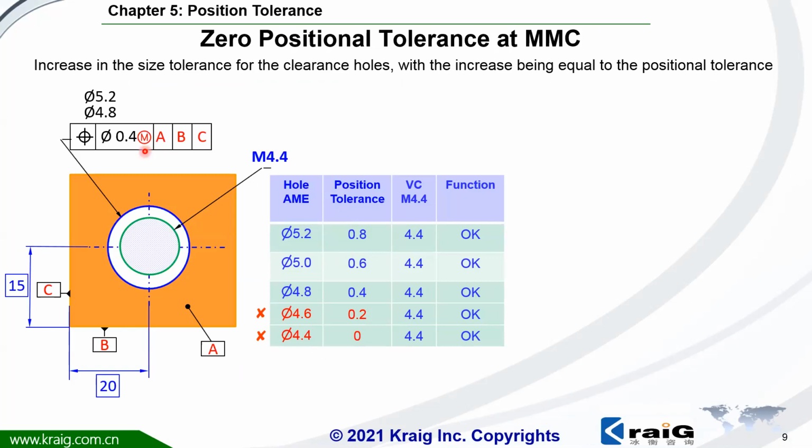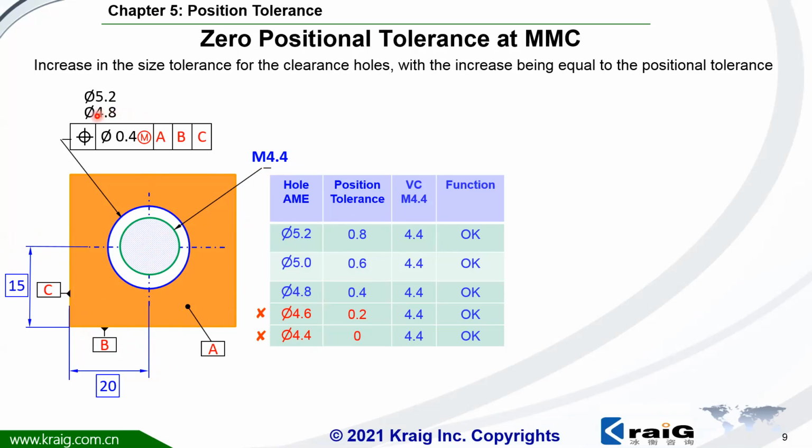The function of these parts is to ensure we can assemble an M4 bolt into this hole, with reference to datums A, B, C. B is here, C is here, with basic dimensions. Again, please be reminded, this assembly should locate parts to A, B, C first. Next, we're going to mount this threaded bolt into the hole at nominal position 2B and 2C. This is the function.